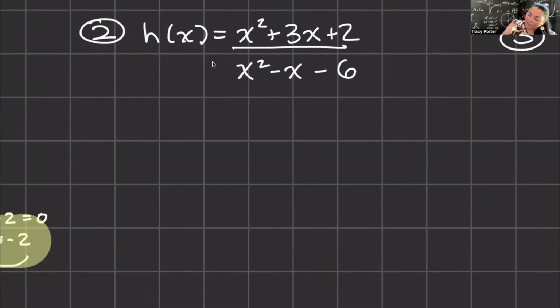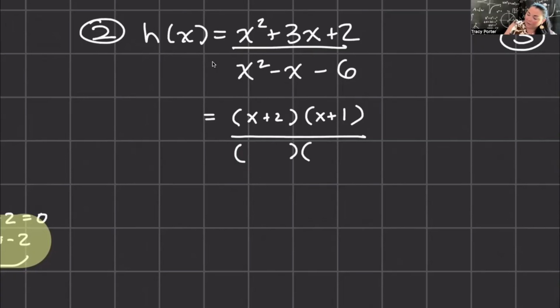So first thing you do is factor completely. So I like to go ahead and just write in my parentheses. So this is going to be x plus 2, x plus 1. And on the bottom, we're going to have x minus 3, x plus 2. Okay, so that's going to be its factored version, and then we need to simplify.